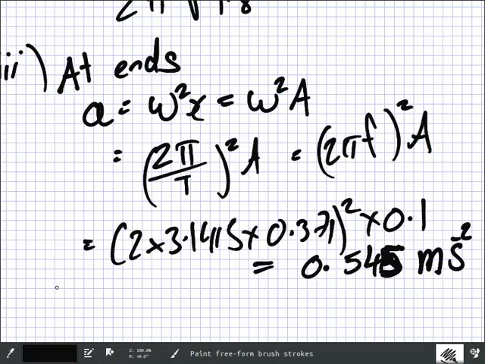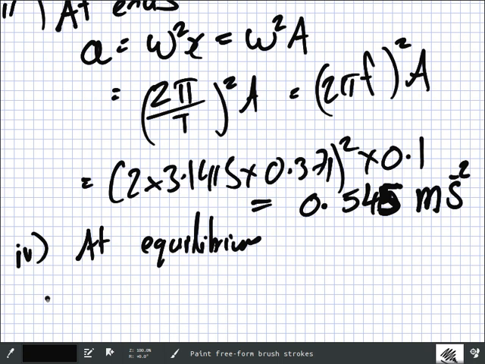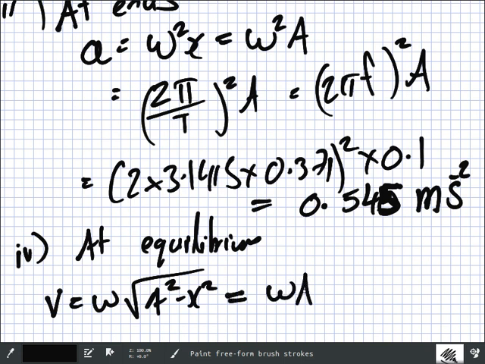But what's the maximum velocity and when does that occur? That's at equilibrium. And you can use the formula v equals omega root A squared minus x squared. And when it's a maximum is when x is 0, isn't it? Which is just omega A, where omega is 2 pi f again.